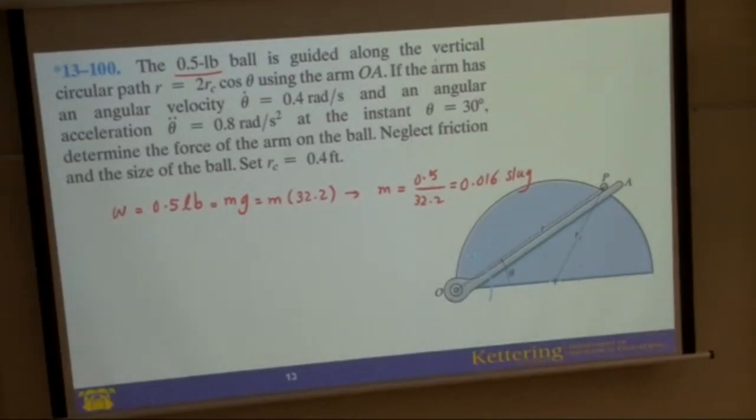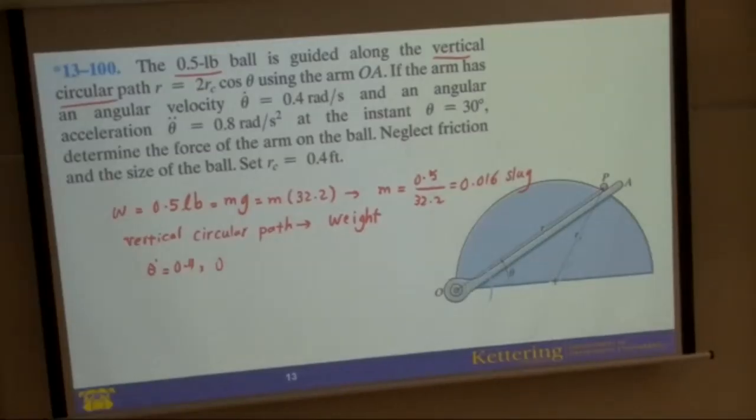Now, it is along the vertical circular path. What does it mean? We should consider the weight or not? Yes, we have the weight. Theta dot is 0.4.